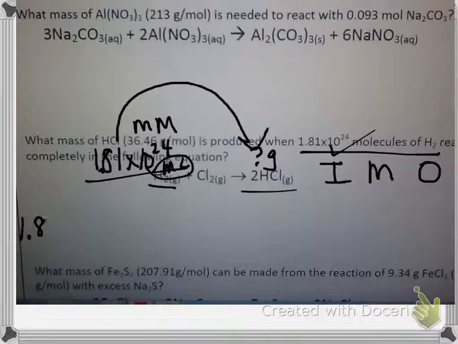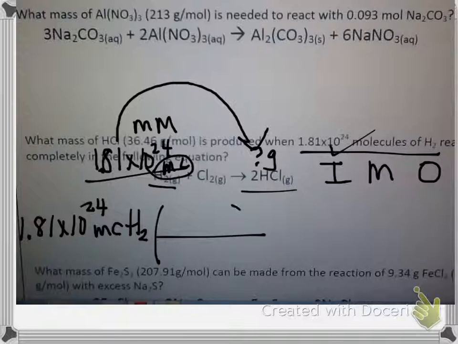So we've got 1.81 times 10 to the 24th molecules of what? H2. How do I convert molecules into the mole? Into the mole, you're going to use Avogadro's number. Because if you're given the number of something, you're going to convert it to moles using Avogadro's number.